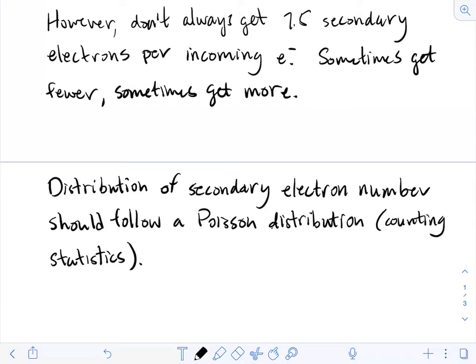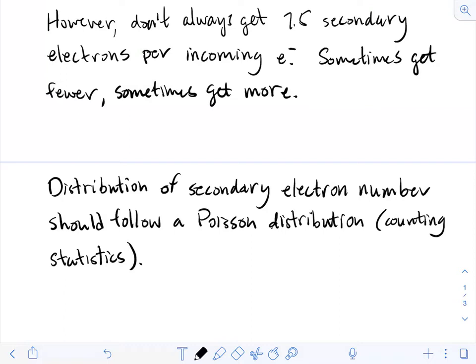I think the example we used was counting, say, the number of muon decays in a certain time interval. And so here we're counting the number of secondary electrons produced during a collision at a dynode.